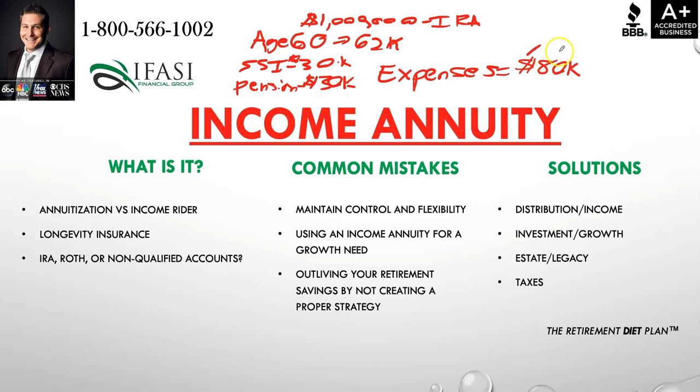At age 62, their expenses to sustain their lifestyle throughout retirement are going to be $80,000. Social Security and pension income only equate to 60 grand, so we have a gap of $20,000 that now needs to be satisfied at this $1 million bucket. How do we make sure everything is spit off correctly? With this $1 million, maybe it might require a hybrid annuity.